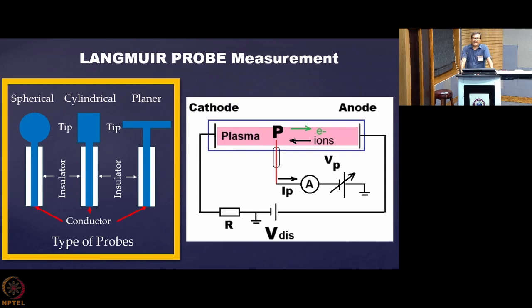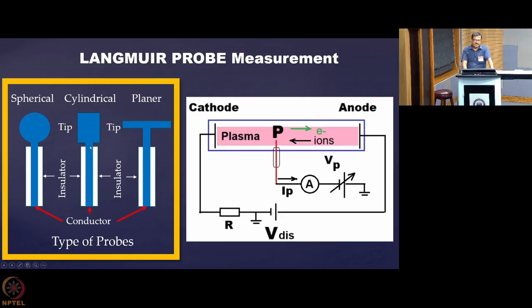So we come to that. There is something called Langmuir probe measurement. Even though you are not a plasma person, you might have heard about the Langmuir probe. So how do they look? I have shown some of them. They are usually planar in structure at the tip. They have some tip at the top.